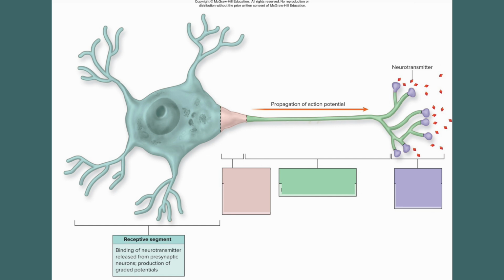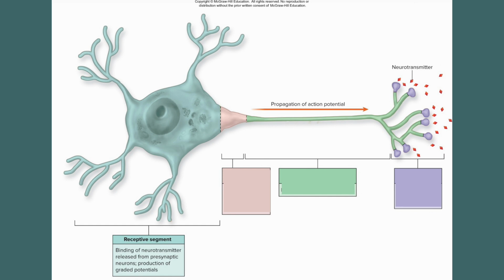So what we see happens here is we receive signal in the form of neurotransmitter, right? So there's neurotransmitter that's been released from a presynaptic neuron. So the neural body and dendrites that we're looking at here are part of the postsynaptic neuron.